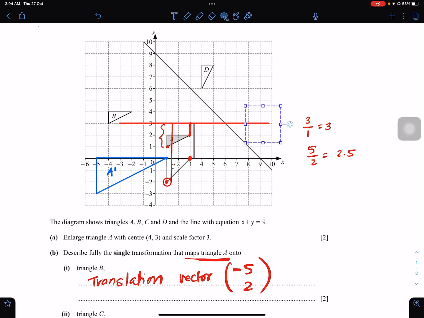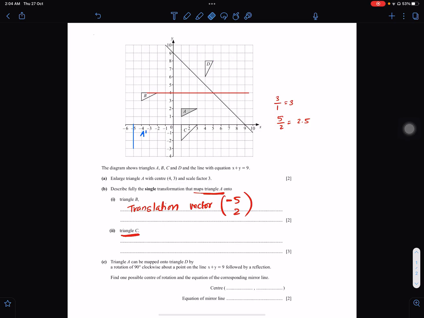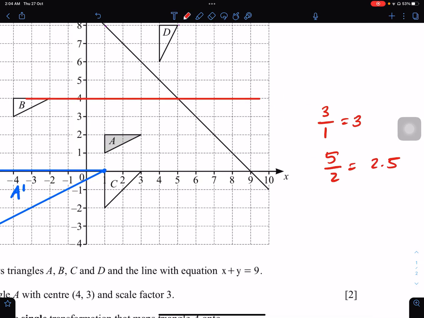So we move it a little bit up. Let's go to 4, and then we try to repeat the same procedure. Now from this particular line, which is at y equal to 4, this is 2 units, and from here this is 4 units, so the stretch factor is 4 upon 2, which is 2.